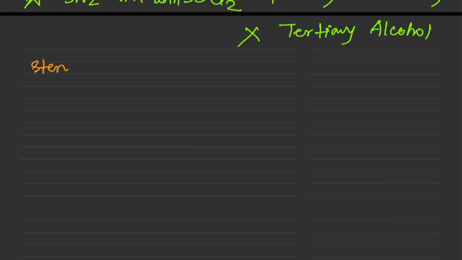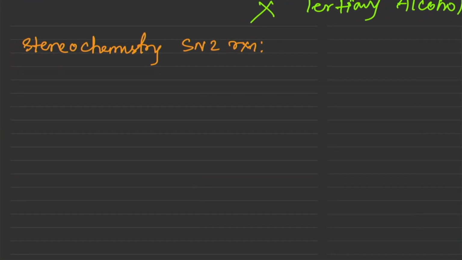So, the stereochemistry of the SN2 reaction. This is going to be very good for your exam preparations, MCAT or DAT or other exams. Let's say we have something like this: A, we've got a leaving group, and then we've got 2 groups.